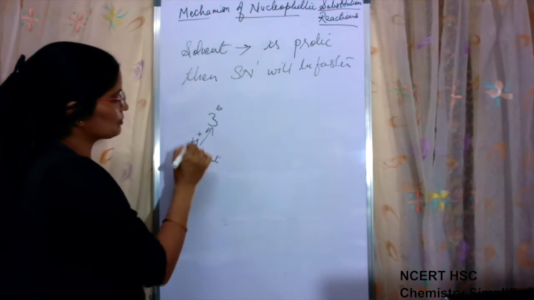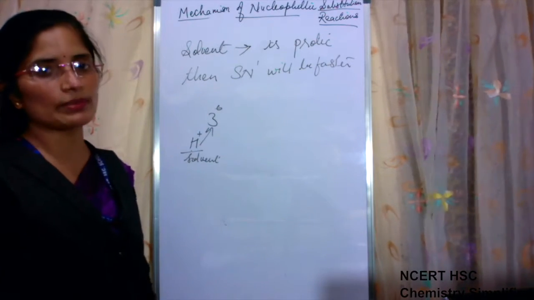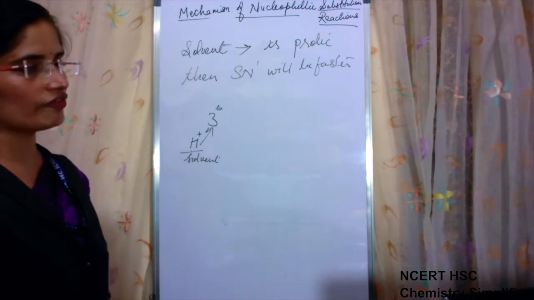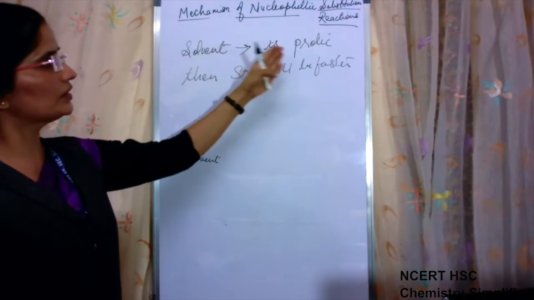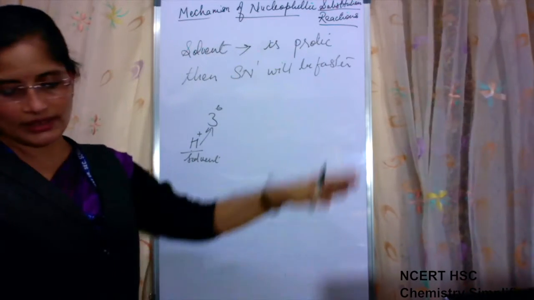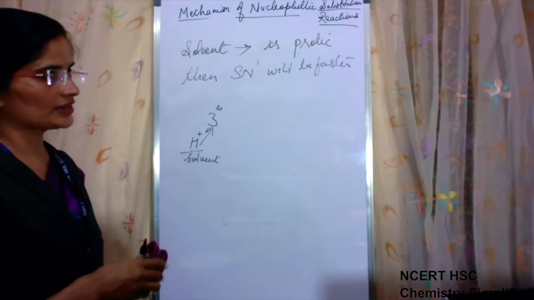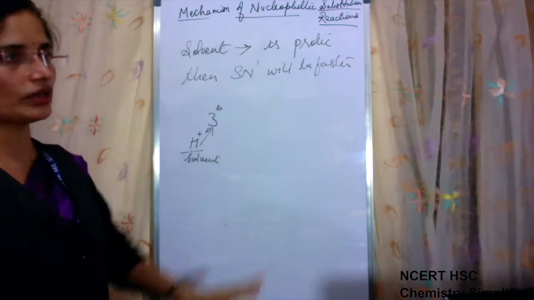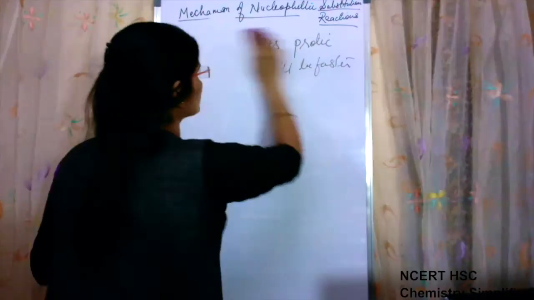This solvent H positive will form hydrogen bonding and will cause the molecule to stabilize. The more the stability, the more the ease of reaction. So in case of SN1, a protic solvent makes the reaction fast. In case of SN2, it makes the reaction slow. Again, I tell you that this is not a very important factor to be remembered. Remember the sequence of the reaction.